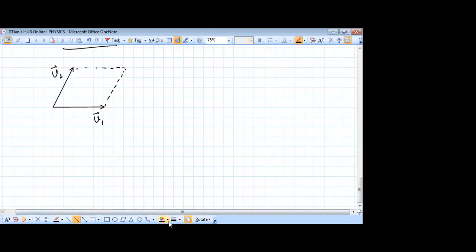Now in this parallelogram, we want that the sum and the difference should be perpendicular to each other. That means this diagonal should be perpendicular to this diagonal. This is the difference. This is the sum. So the diagonals are perpendicular.